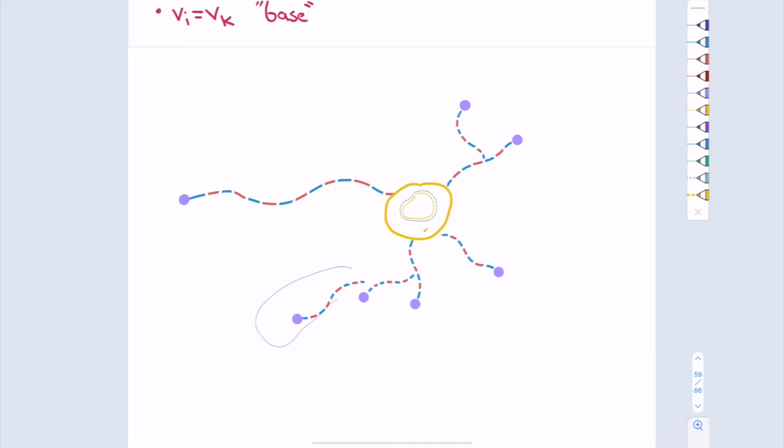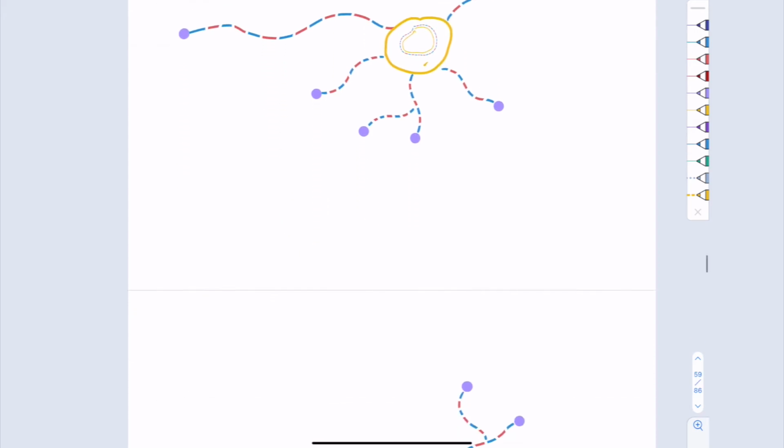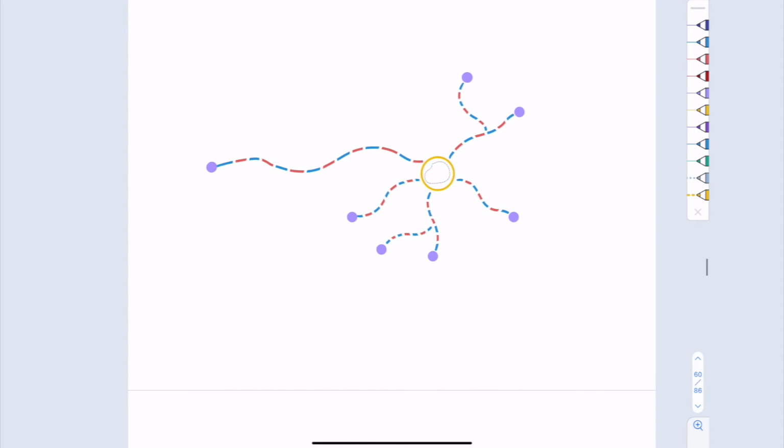He sort of makes a new graph where the blossom is contracted to a single vertex. Okay, I think it's drawn here. So this would be the graph that remains after contracting the blossom to a single vertex.